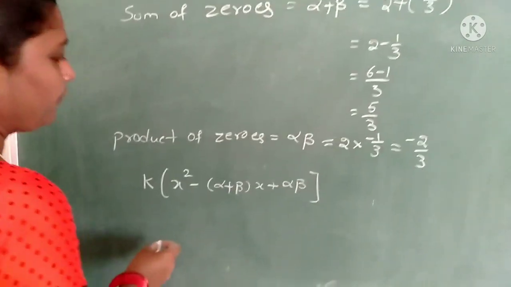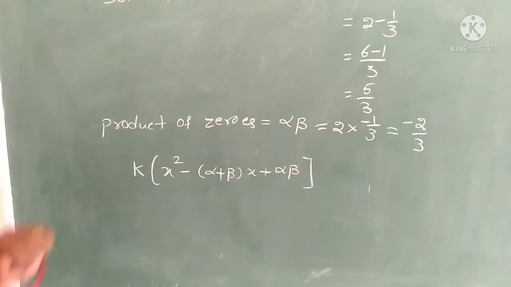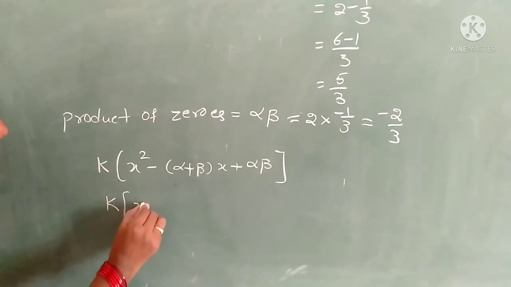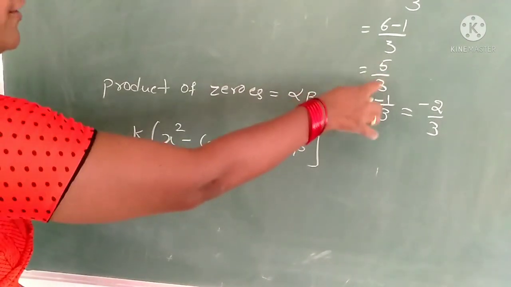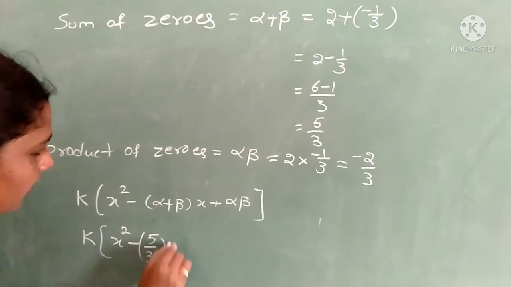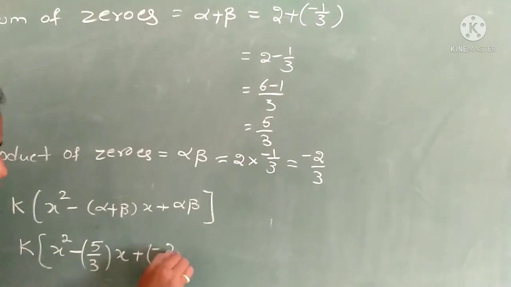So substitute the alpha plus beta and alpha beta values. K into x square minus alpha plus beta value 5 by 3 into x plus alpha beta value minus 2 by 3.